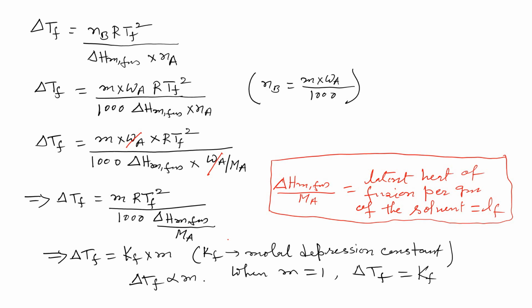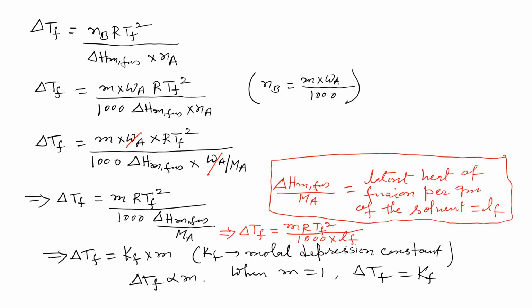From this one more line will come, that is delta TF will be equal to M R TF square divided by 1000 into LF.